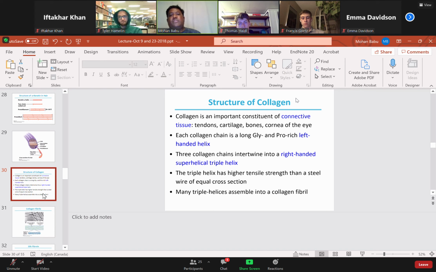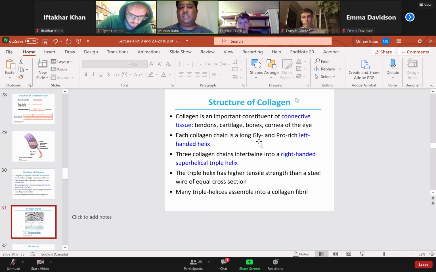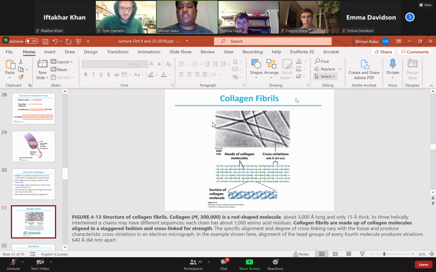Okay, so there are 3 collagen chains. They are intertwined in a right-handed superhelical triple helix. And the triple helix has a very high tensile strength. These triple helices are all assembled together to form a collagen fiber. Here, this is the structure of the collagen fibrils.